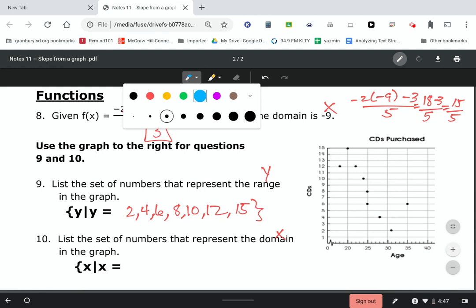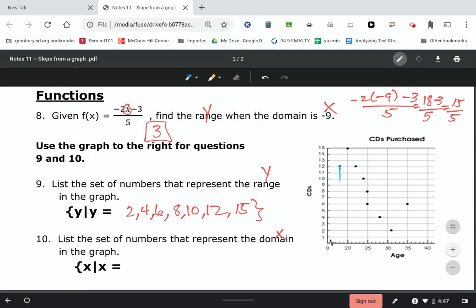So again, I'm going to start with the point closest to the y-axis. So it'll be this one up here. So I'm going to draw a line all the way down there, there, there, right there. So now they will be in order from least to greatest.